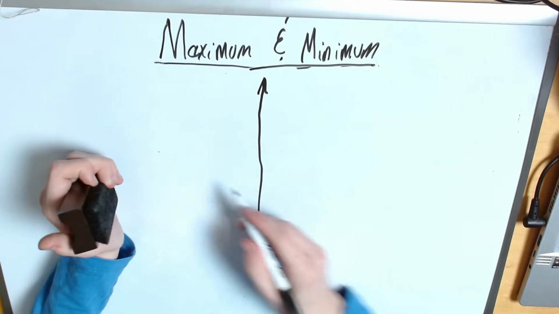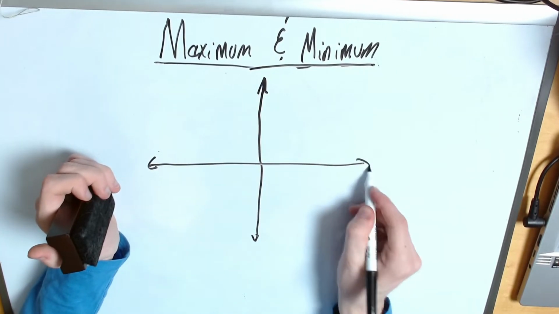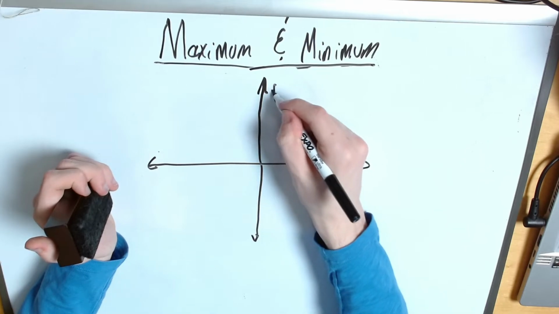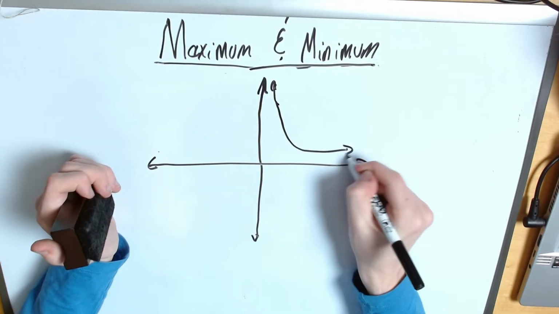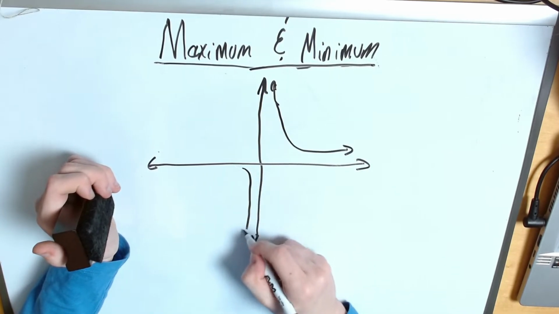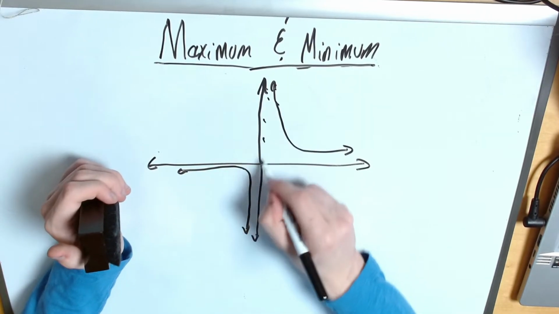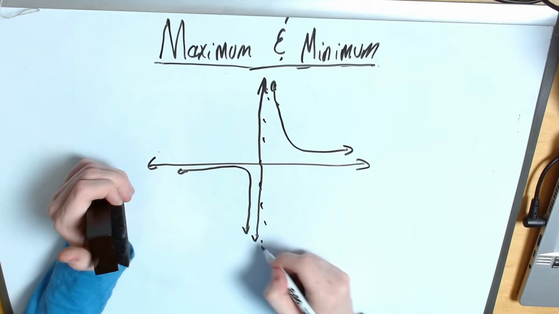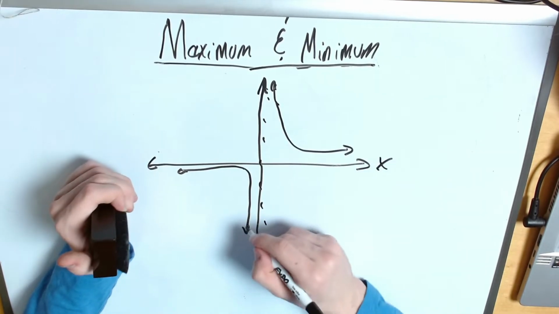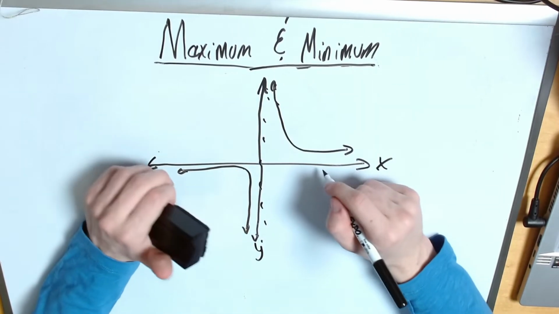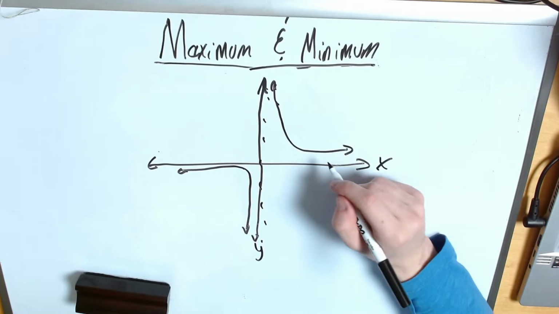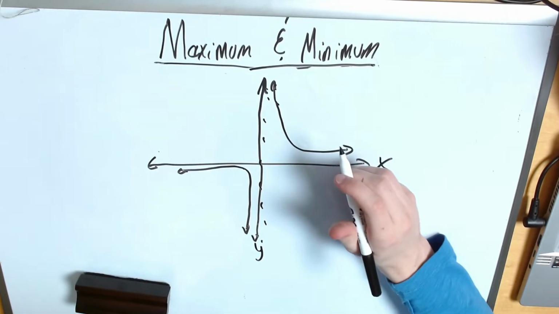So let's go back to that infinity issue and make that a little clearer. Imagine I have a graph like this, along the y-axis, where I go down for infinity and up for infinity. Do I have a maximum or minimum at infinity or negative infinity?